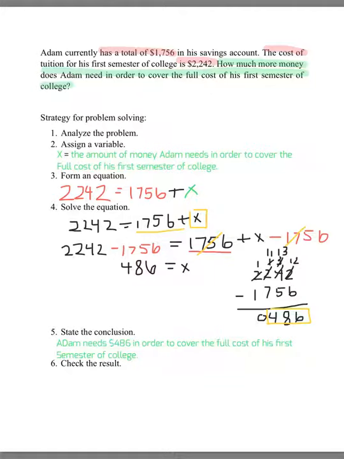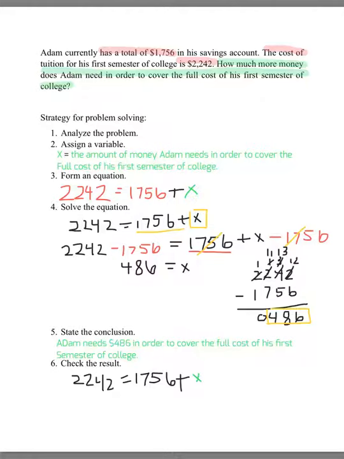The last thing left to do now is to check the result. And just like in step 4, we always start with the original equation. So 2,242 equals 1,756 plus x. However, the only difference now is that we actually know the numerical value of x.